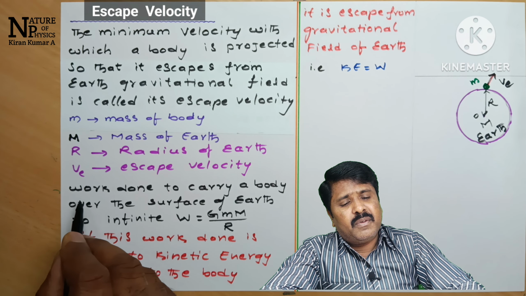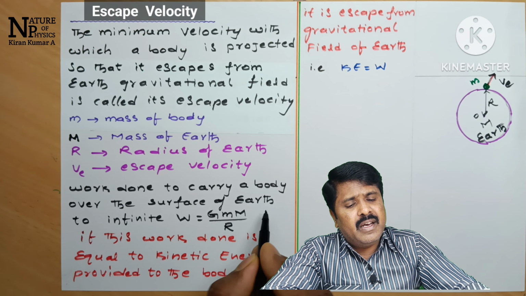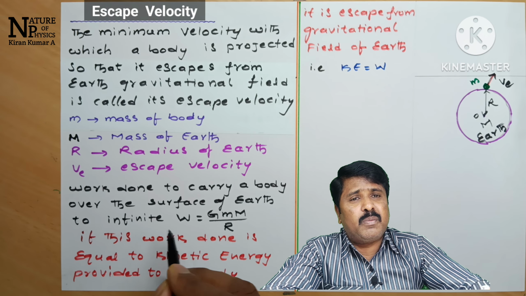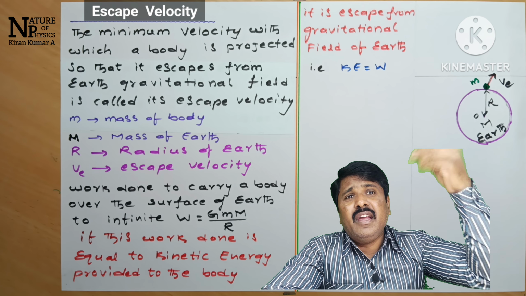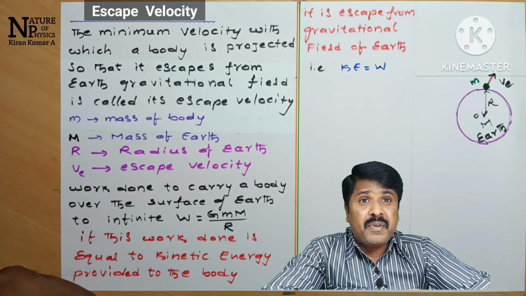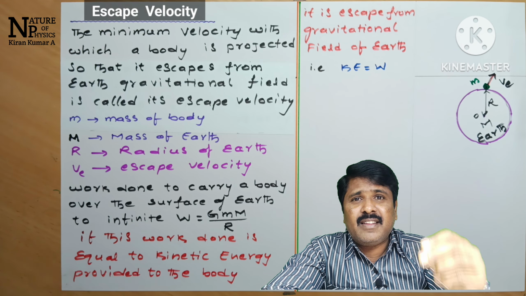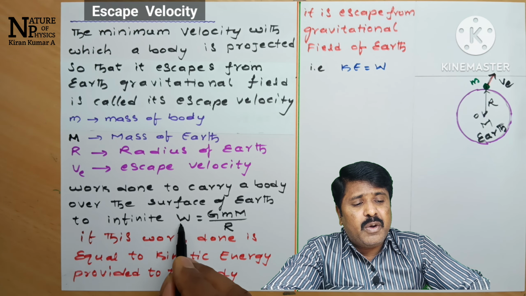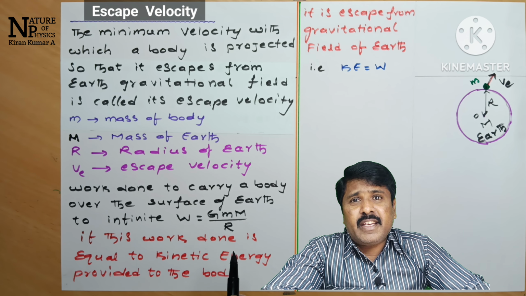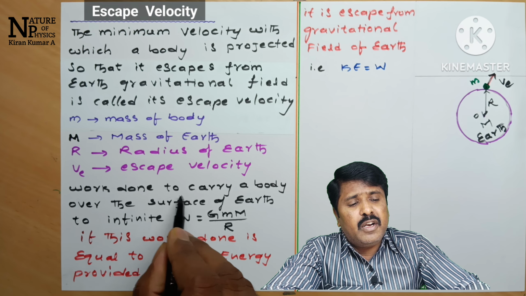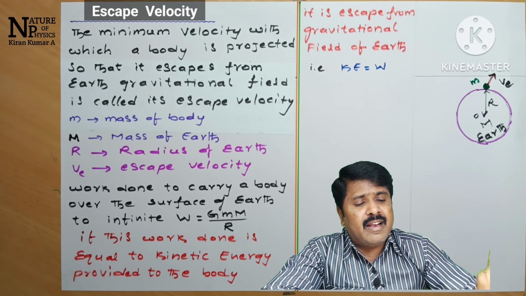The work done in carrying a body from the surface of the earth to infinity: the body moves from the surface of the earth to an infinite distance, away from the earth's gravitational field. That work done is equal to G M m divided by R.